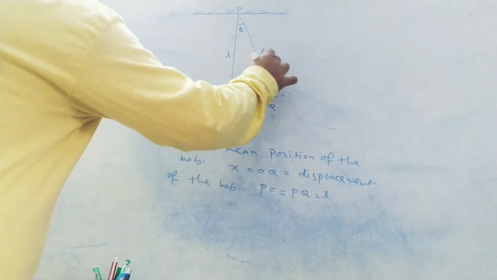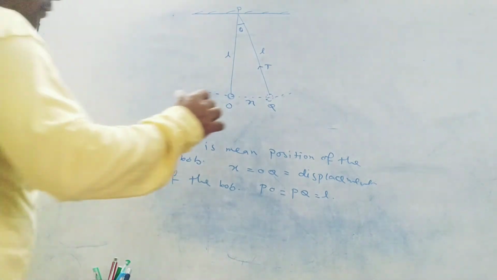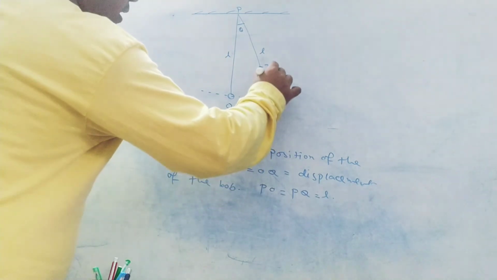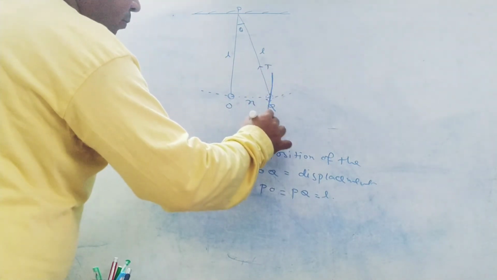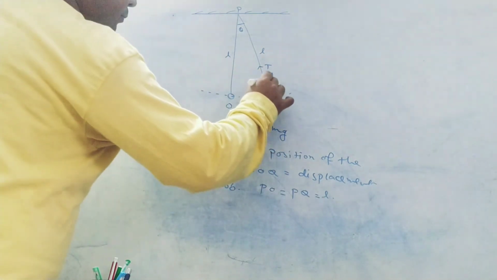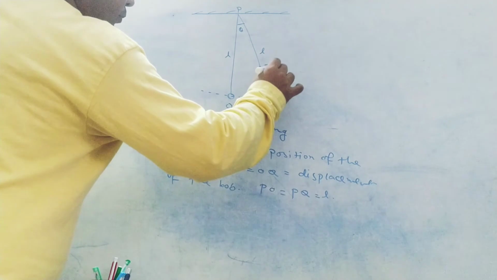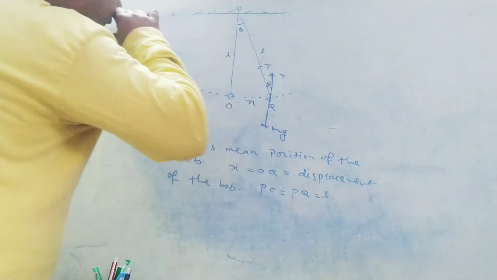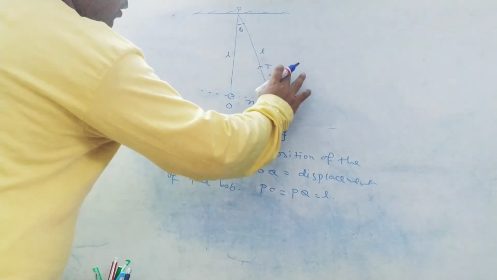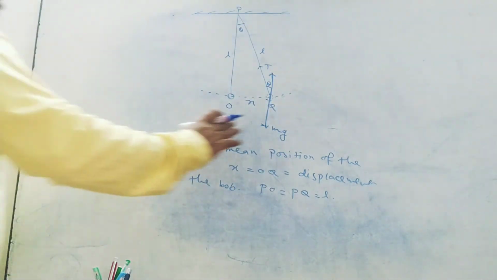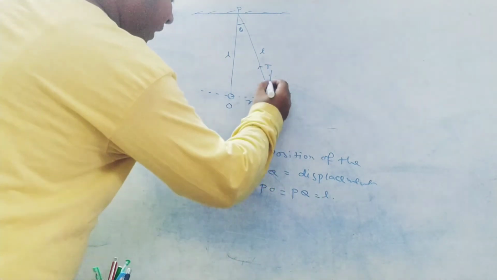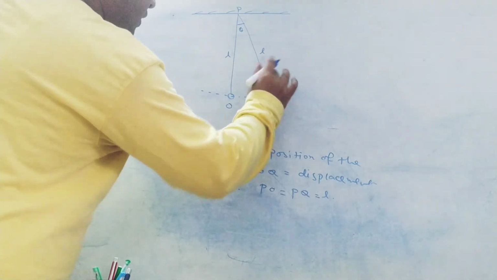Now let T be the tension of the string, M be the mass of the bob, and Mg is the weight of the bob, which acts vertically downward.